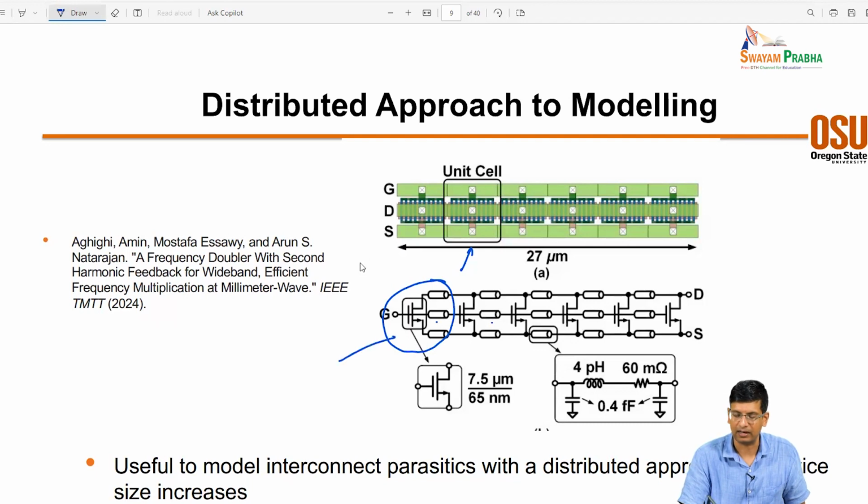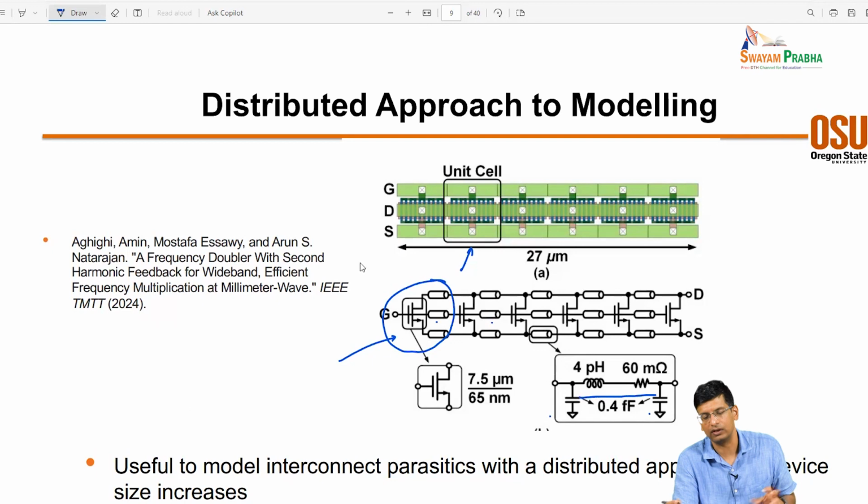So if you build a model like this, for example, like in this interconnect, you're adding this L and C, right? So now you can basically create a situation where you're working with much larger device sizes, much larger number of devices in order to build a large transistor array.